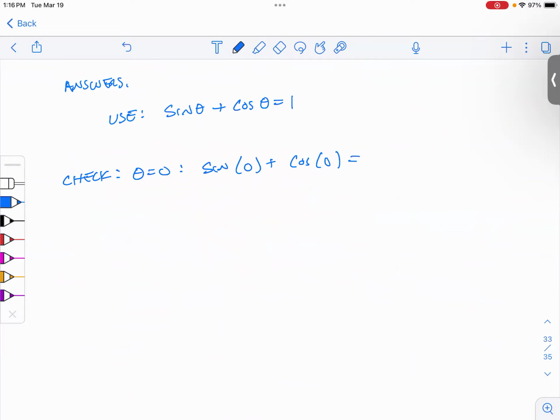Sine of 0 is 0. Cosine of 0 is 1. Okay, good, 1. So that one's okay. Sine of pi/2 is 1. Cosine of pi/2 is 0. Oh, good. That one makes 1.